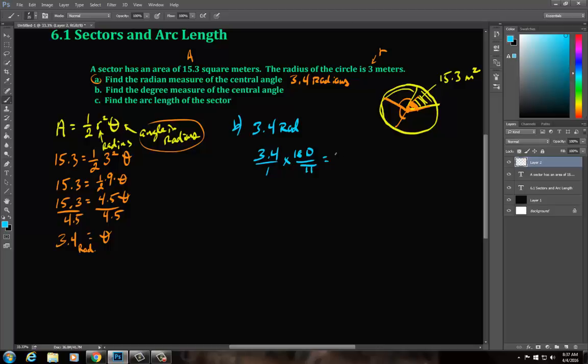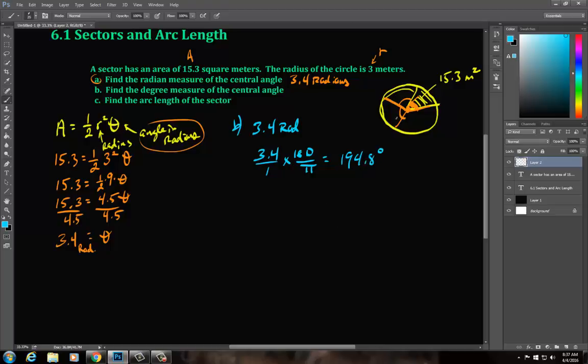And that's going to equal, let's see here, so 3.4 times 180 divided by pi is 194.8 degrees.